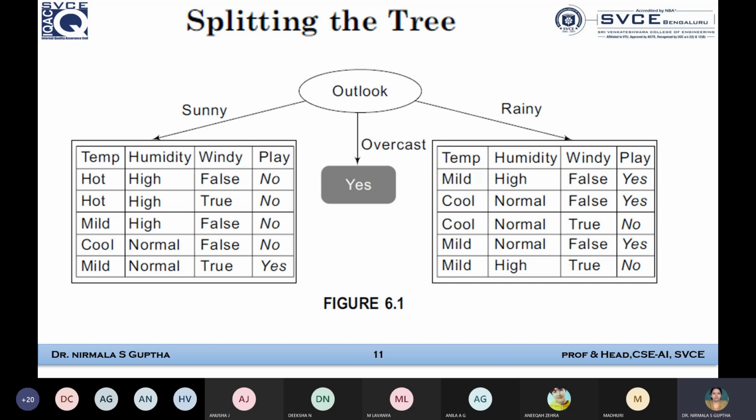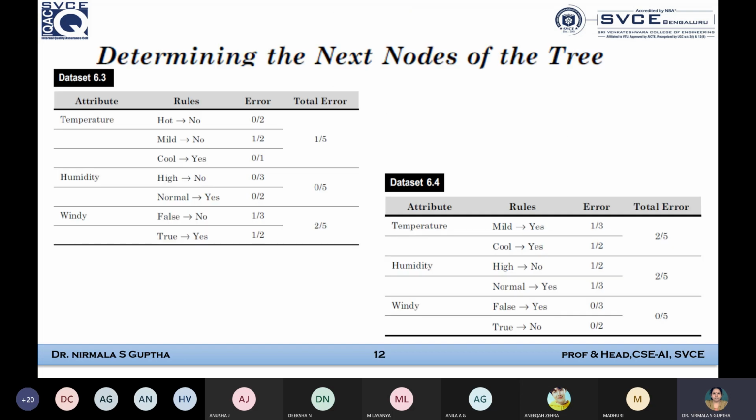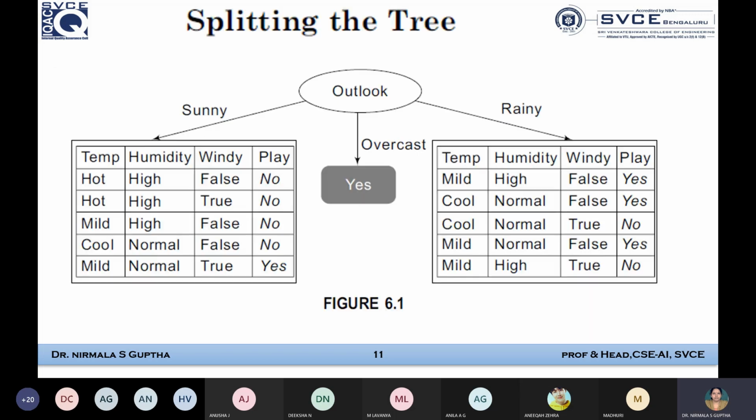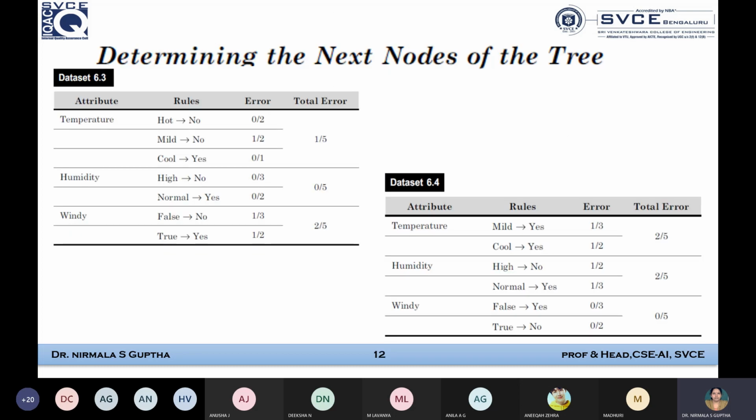So the denominators are here, and the resulting play values are mild yes, cool yes, cool no, mild yes, mild no. Let us take the decision rule as mild gives yes, cool gives yes, because both are favorable temperatures. In mild temperature we may go and play, and in cool temperature we may also go and play. It is not like we're not going to play.